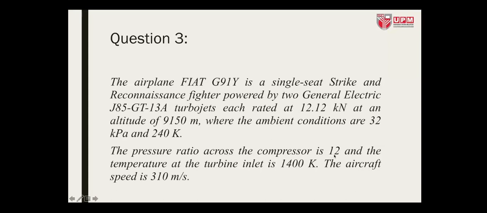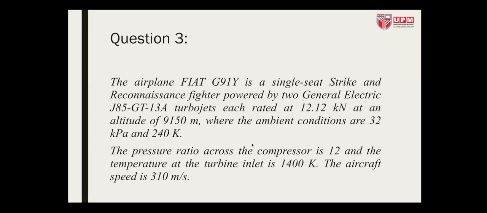If you still remember our discussion on the compressor, the higher the compressor ratio, the better the engine. But for this particular type of aircraft, the compressor ratio is just 12. And the temperature at the turbine inlet, the TIT, turbine inlet temperature, is provided as 1,400 degrees Kelvin. Okay, the aircraft speed V1 is 310 meter per second.